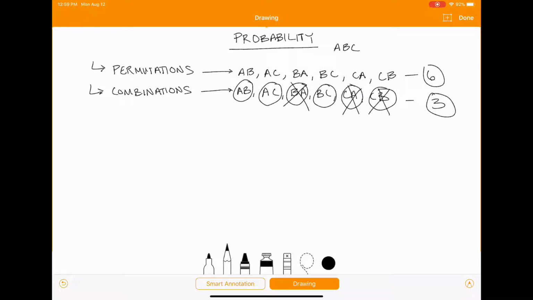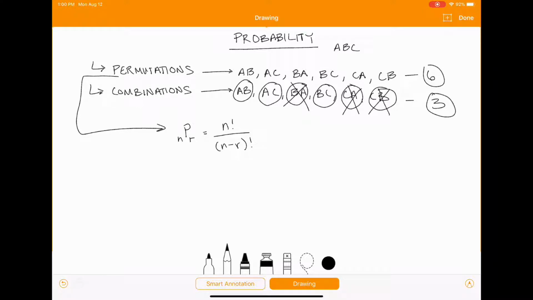In order to calculate permutations, we denote it by P sub n, r, and that is going to be equal to n factorial over n minus r factorial.